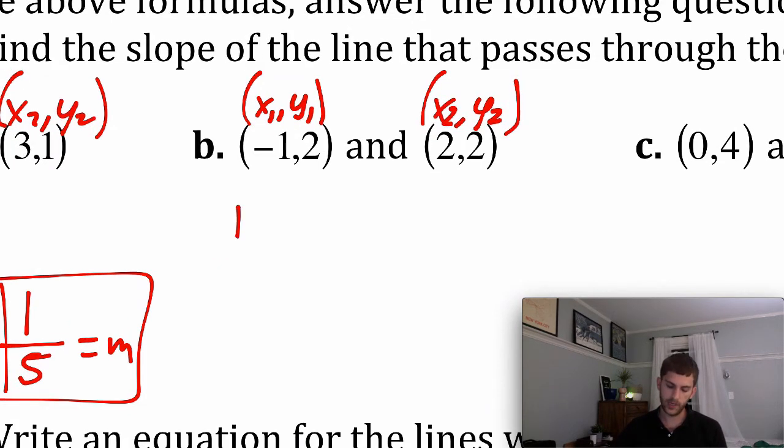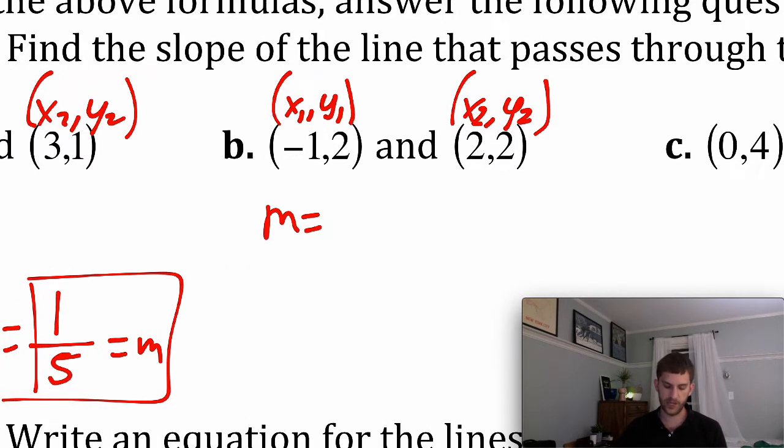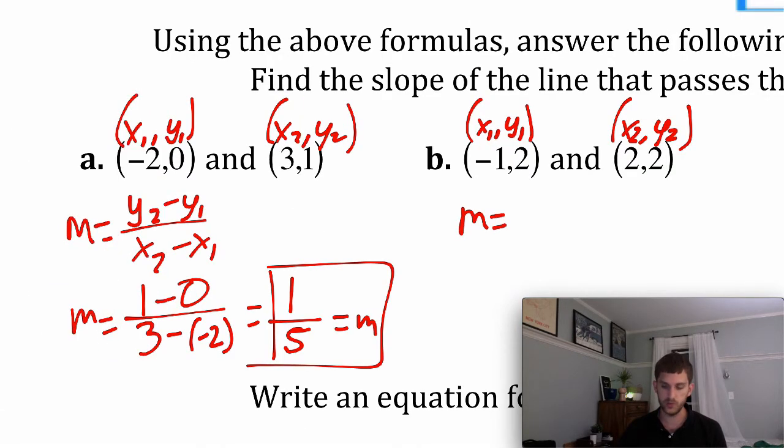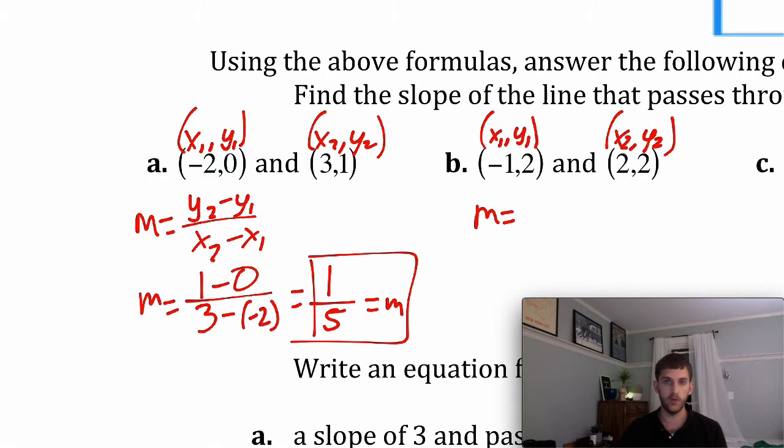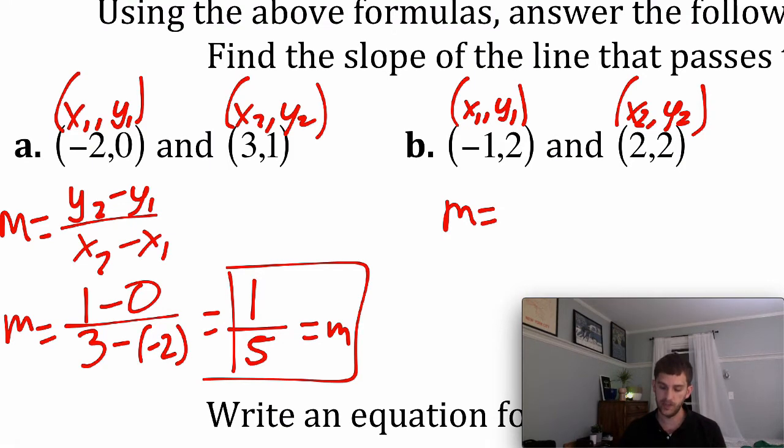So we got our slope, m equals, following that same equation we just used, y2 minus y1. I'm not even going to write the equation now. I'm just going to do y2, which was 2, minus y1, which was also 2, over x2, which was also 2, whole lots of 2's, minus x1, which was negative 1.